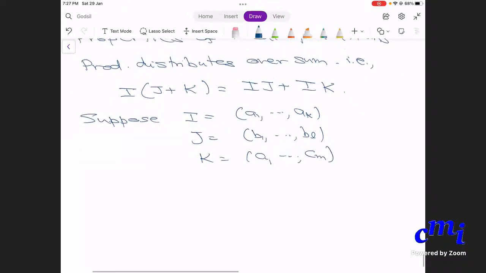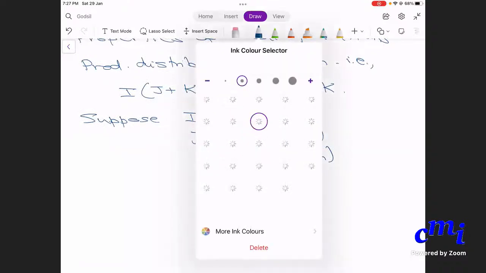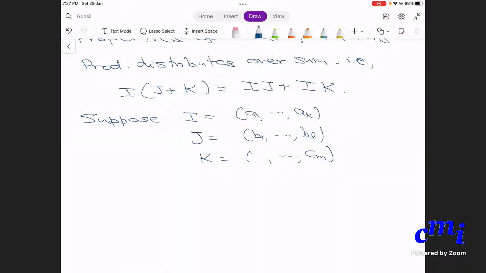Right? So we have three ideals. I is generated by some things, J is generated by some things, and K is generated by some other things.